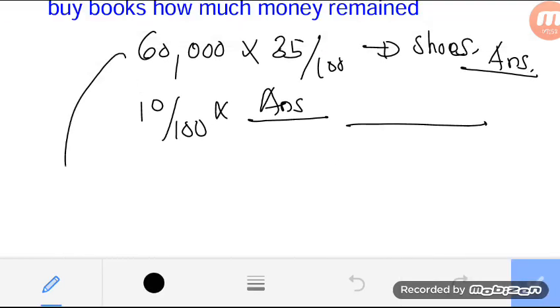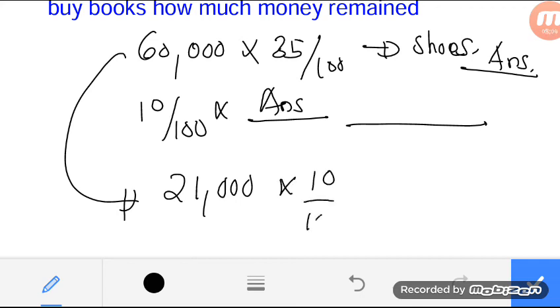The answer there will be 21,000. And after taking 21,000 times 10%, the money that will remain will be 2,100.